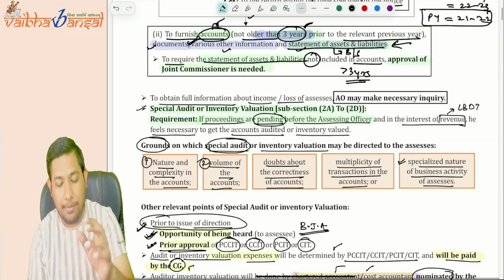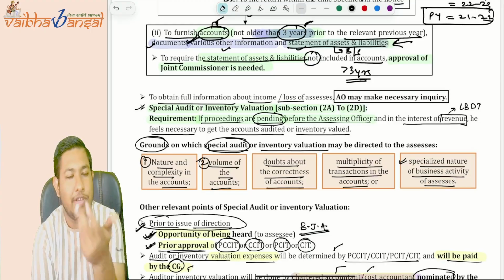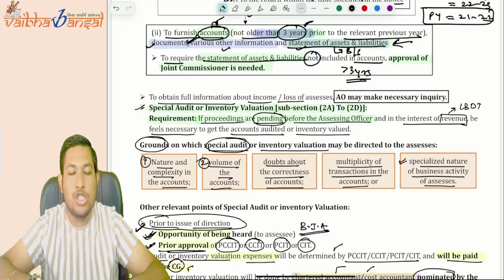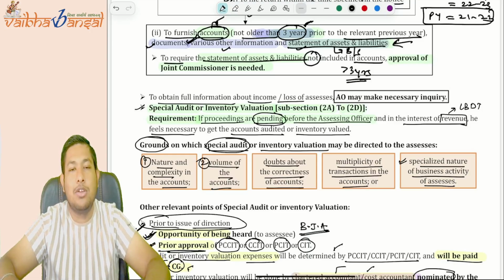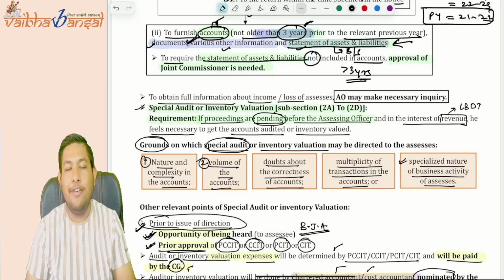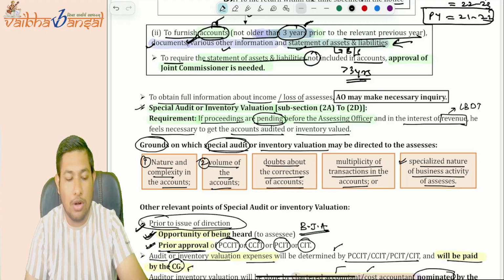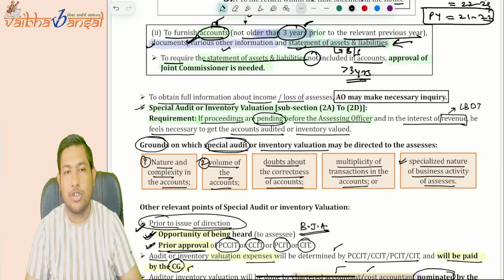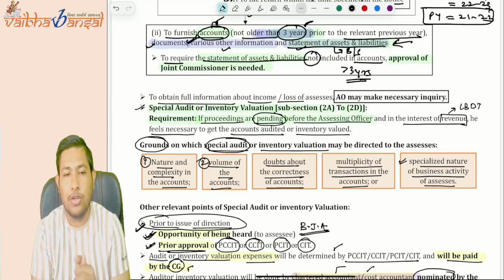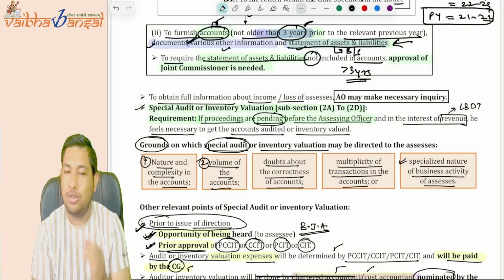But there can be a possibility that a property or fixed asset is given in the accounts of the assessee, but the assessing officer is not sure of the fair market value of that particular asset. To get a fair idea of the price of that asset, whether it is shown correctly or not, or whether it will impact our tax liability or not, he may require a valuation expert to give the valuation.